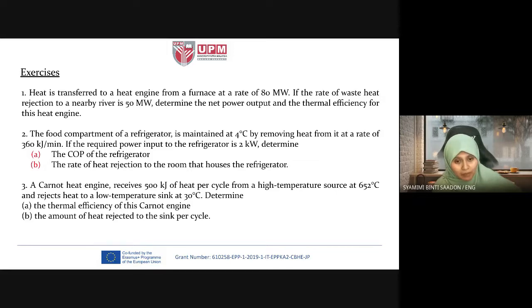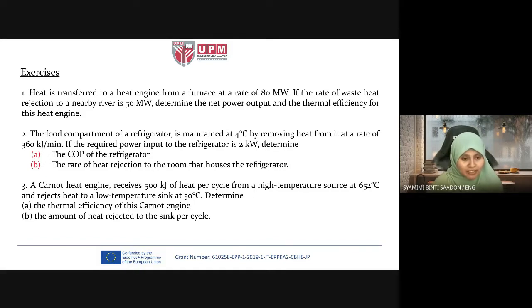If the required power input to the refrigerator is 2 kilowatt, the net input W in, determine the COP of the refrigerator. Remember coefficient of performance is desired output over required input. So desired output is QL, 360, but you have to change the unit, divided by the power input, which is 2 kilowatt.